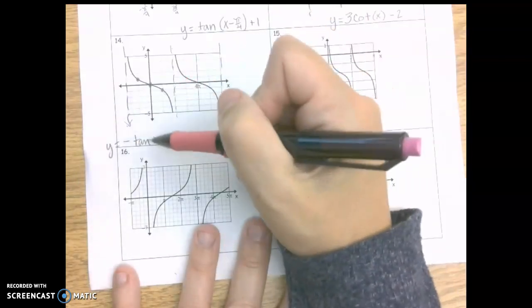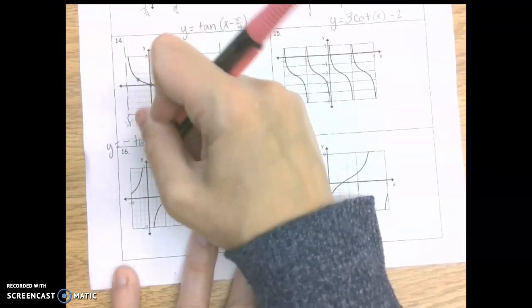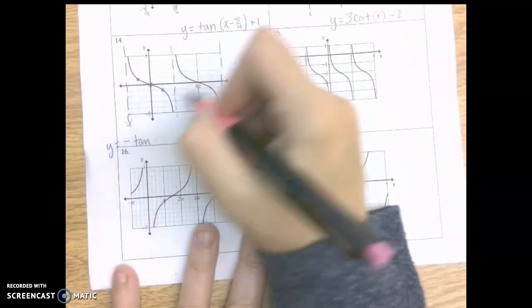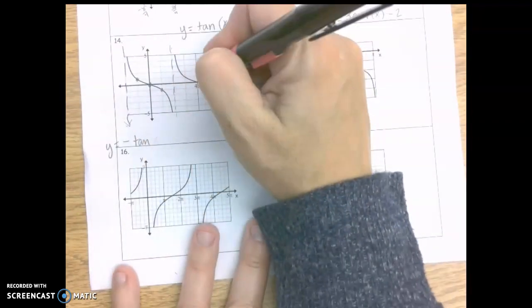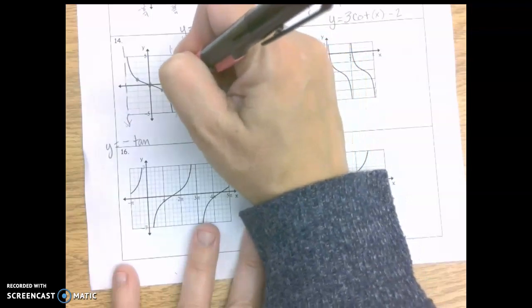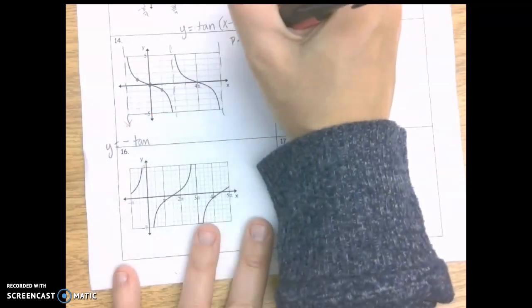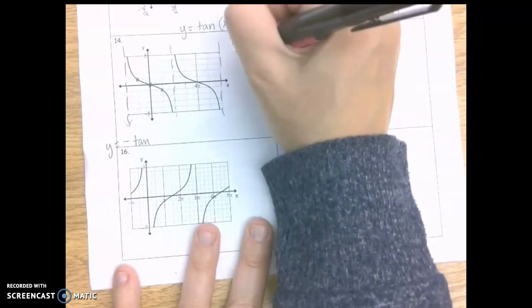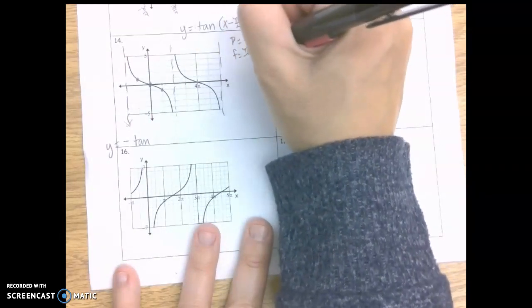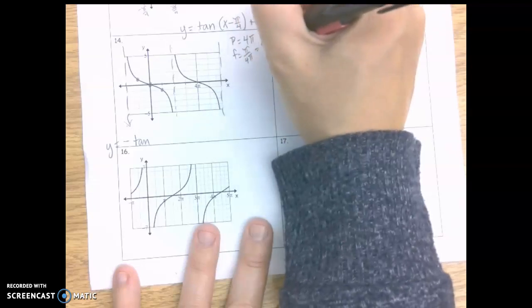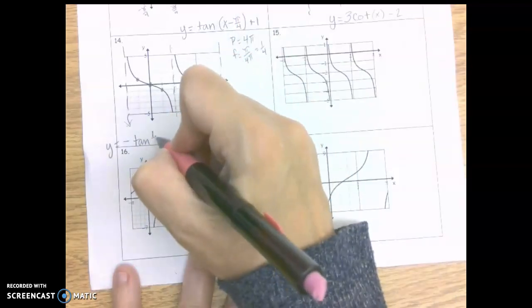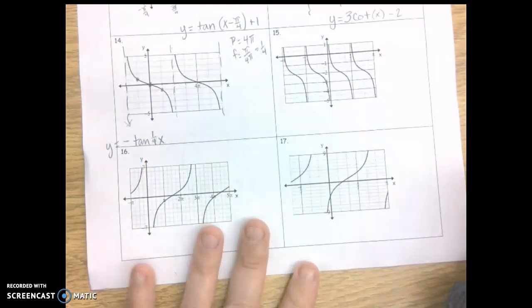The difference would be my frequency, so I'd need to know what my frequency was. All right, so let's figure out our period here. So that's 4 pi, so each one of these units is pi. So the period is going to be 4 pi. The frequency would be pi divided by 4 pi, which is 1/4. So this will be a 1/4 x.